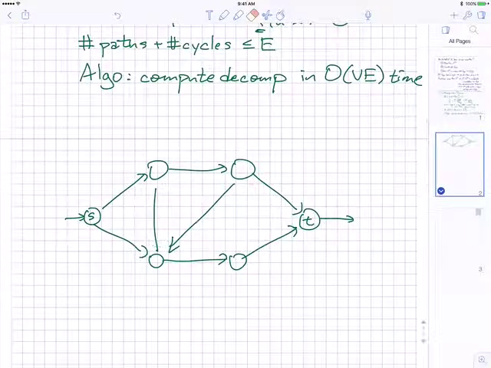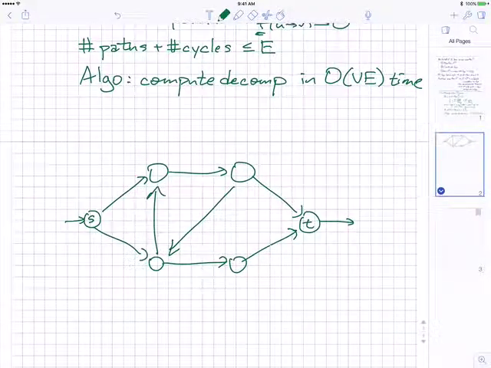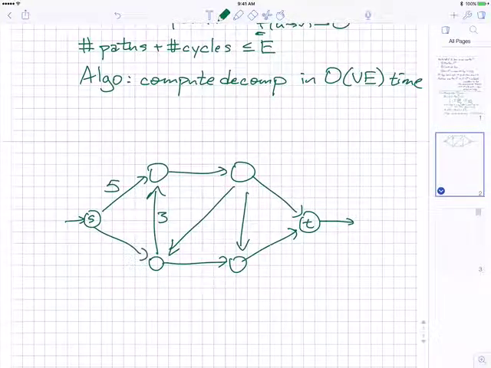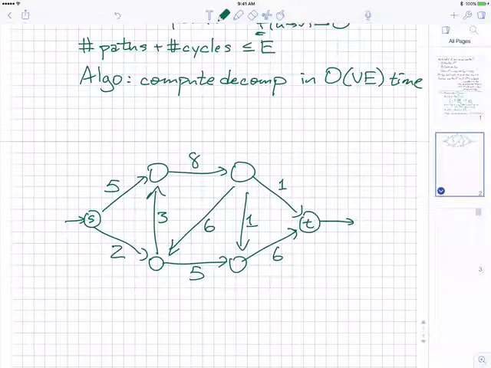Actually, let me direct this edge upwards so we can get some cycles. 5, 3, 8, 2, 6, 8 in, 3 out there. That's 5 out there. 4, 10 out. It's too much. Let's call this 1 and this 1, and I've got 5, 6 in. Okay, so here's a flow.